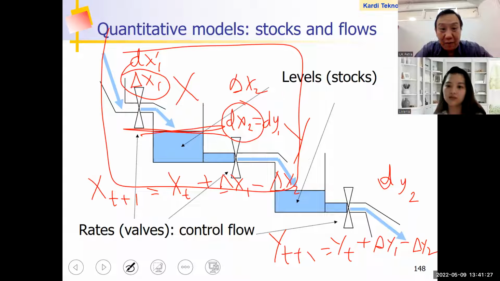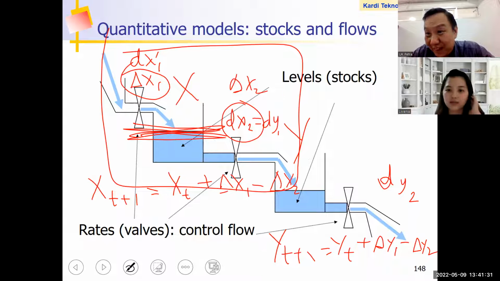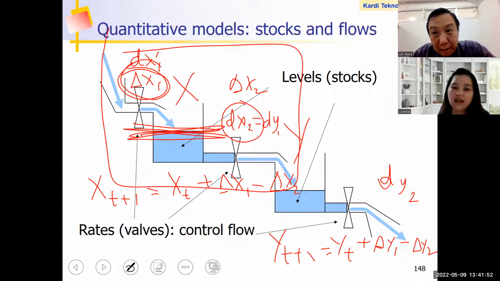Imagine this level represents your faith or your love, right? So what is delta in? The things that I receive.